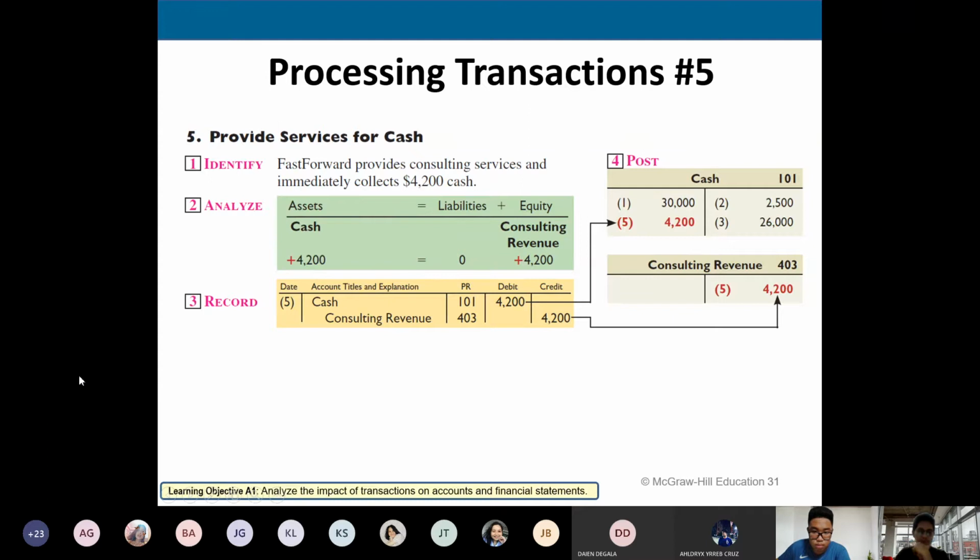Okay. Punta naman tayo dun sa transaction that affects the element of equity, or the equity element.